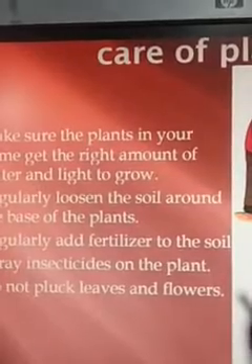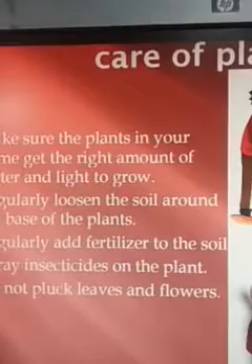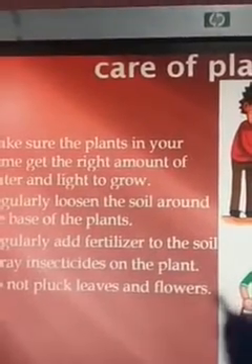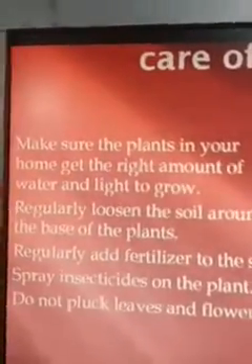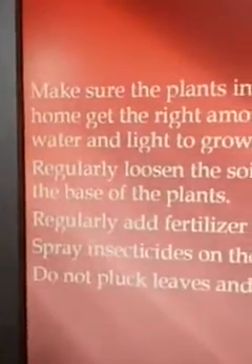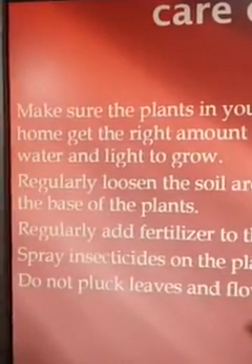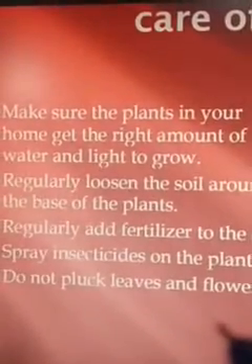Plants need much time to grow. If we start destroying plants, we will be running out of oxygen. So to avoid that, we have to take care of plants. Let us study how to take care of plants. Make sure the plants in your surroundings or home get the right amount of water and light to grow.